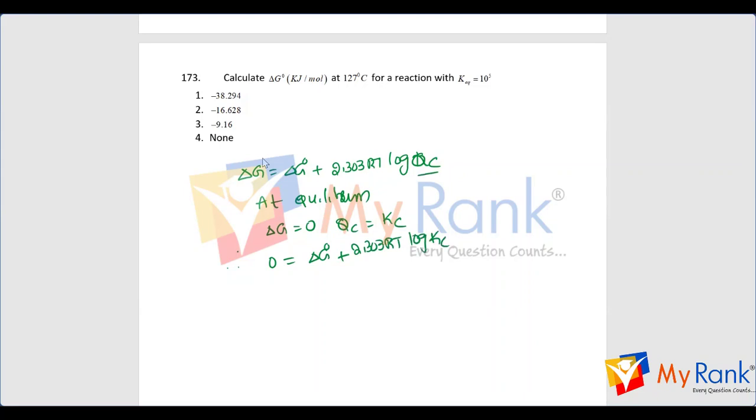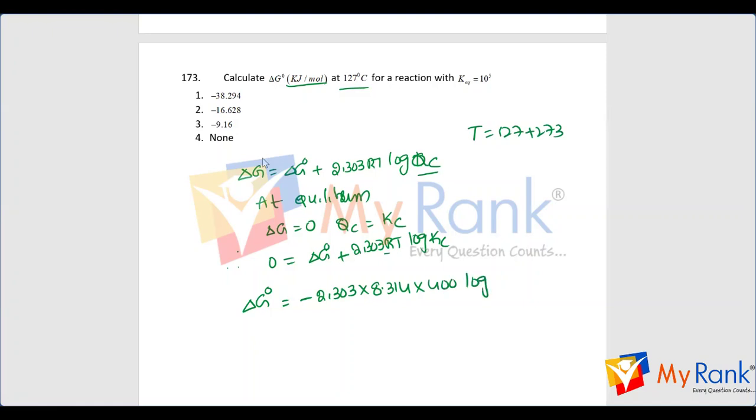Now, we have to calculate the delta G naught value. Therefore, delta G naught is equal to minus 2.303 R T log Kc. R is 8.314, because R value must be taken in joules, into T, which is 127 degrees centigrade. So T is equal to 127 plus 273, and this is 400.